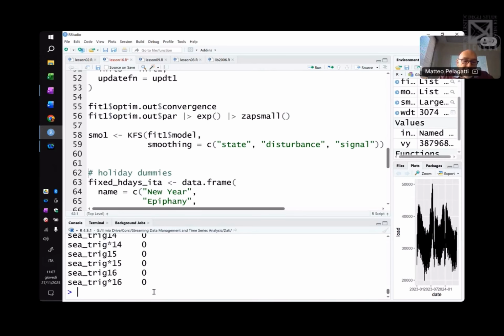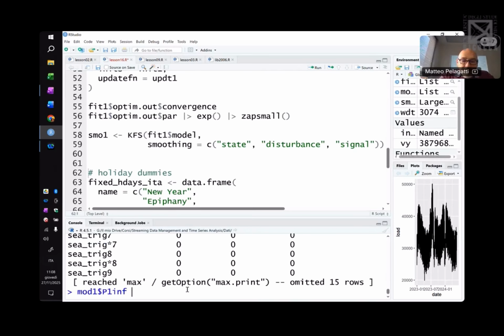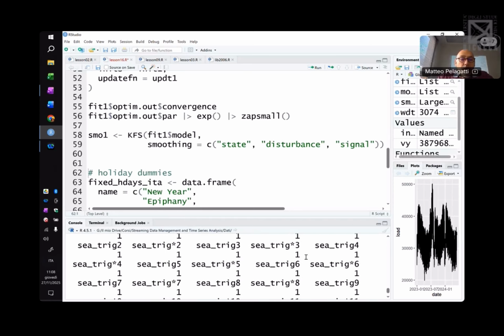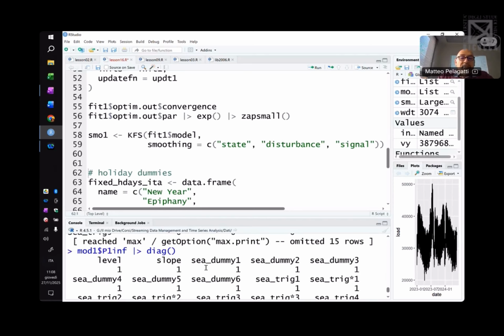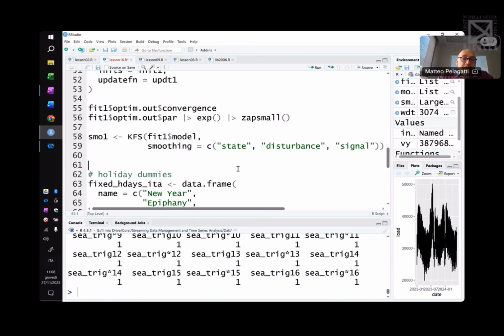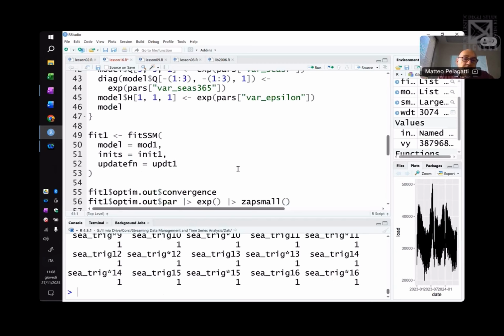But if you check the P1 inf matrix, maybe just the diagonal, you see it's all ones, meaning that all these components receive an infinite variance at the starting point, so for t equal to 1. Of course, that's a big uncertainty we set up in the model. And so, as I told you last time, the initial values of these components are really not much reliable. But they're just the initial ones.